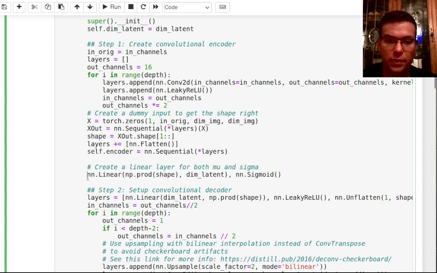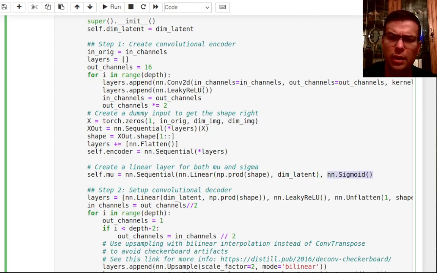So I'll say self.mu is equal to nn.Sequential. We'll do a linear going down from that flattened dimension to the latent, so we'll have a mean for each one of these. For the mean, I don't want any restriction on being positive, so I'll use a tanh activation.